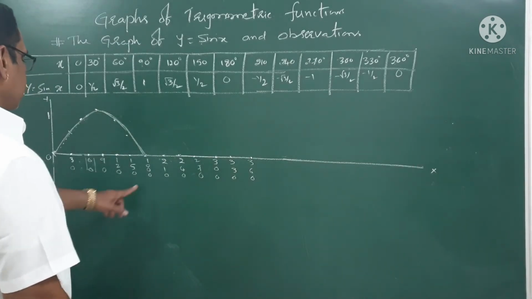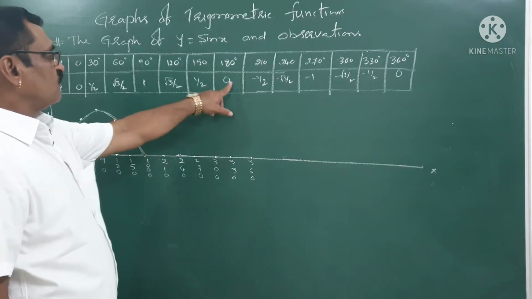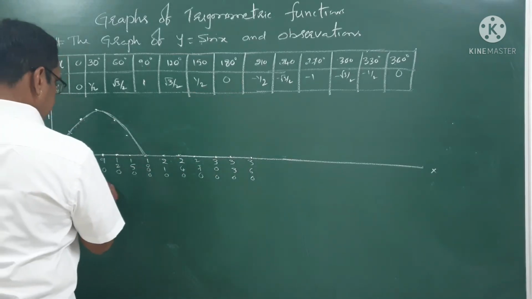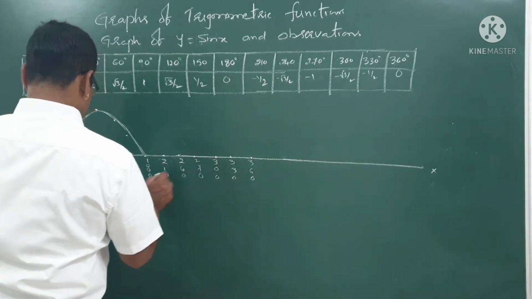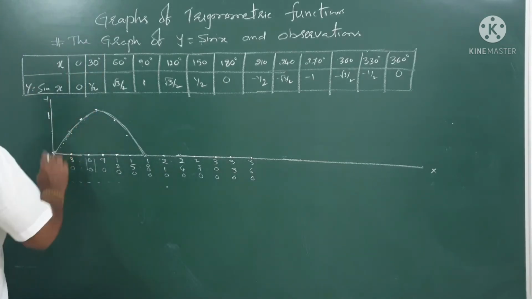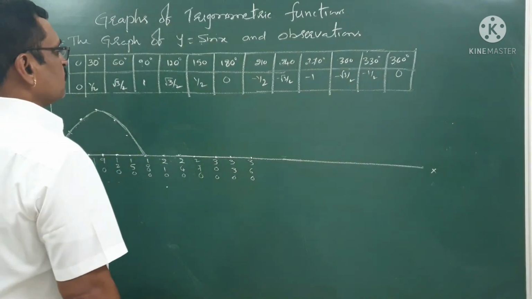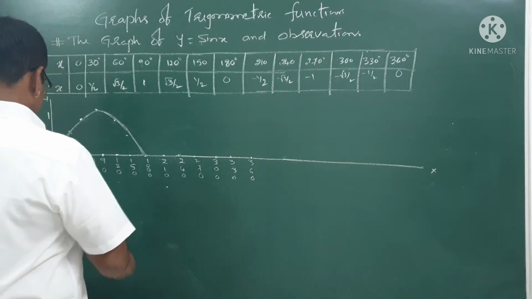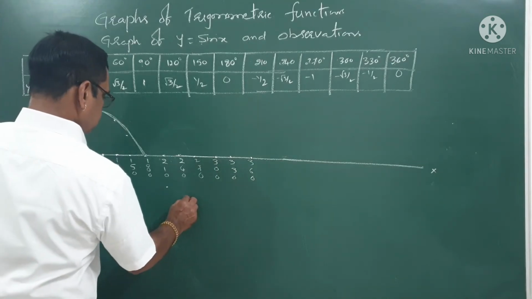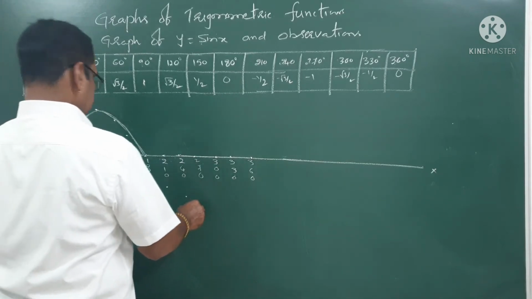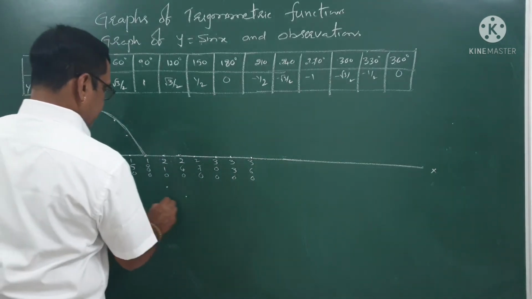Next one, 180 is over. Next one, we go for 210. Sin 210 is equal to minus half, exactly here. This gap is more, I think I will bring it a little down. Okay. Next one, 240, minus root 3 by 2, somewhere here. And 270, minus 1, exactly somewhere here.